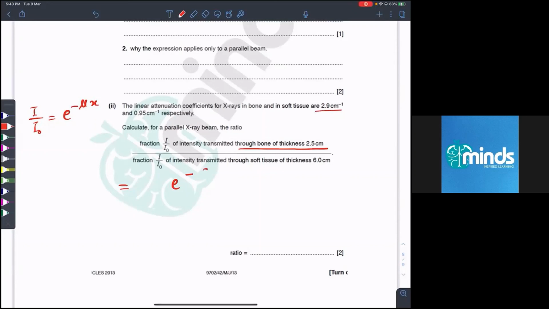So it will become minus 2.9 into 2.5, because mu is 2.9 and thickness is 2.5. Now, if I apply this formula for soft tissue, it will be minus. What is mu for tissue? 0.95. And what is the thickness? 6.0. Like that? Yes, sir. Okay.